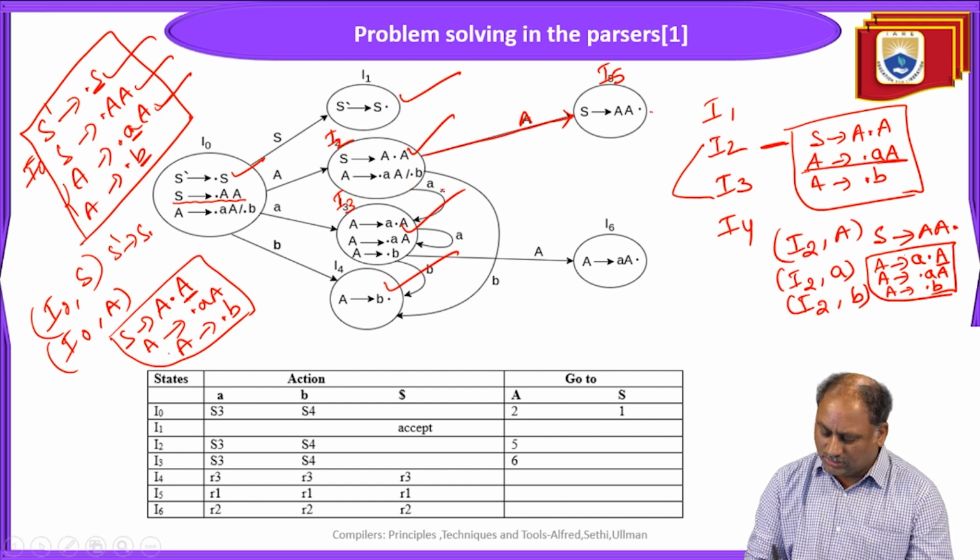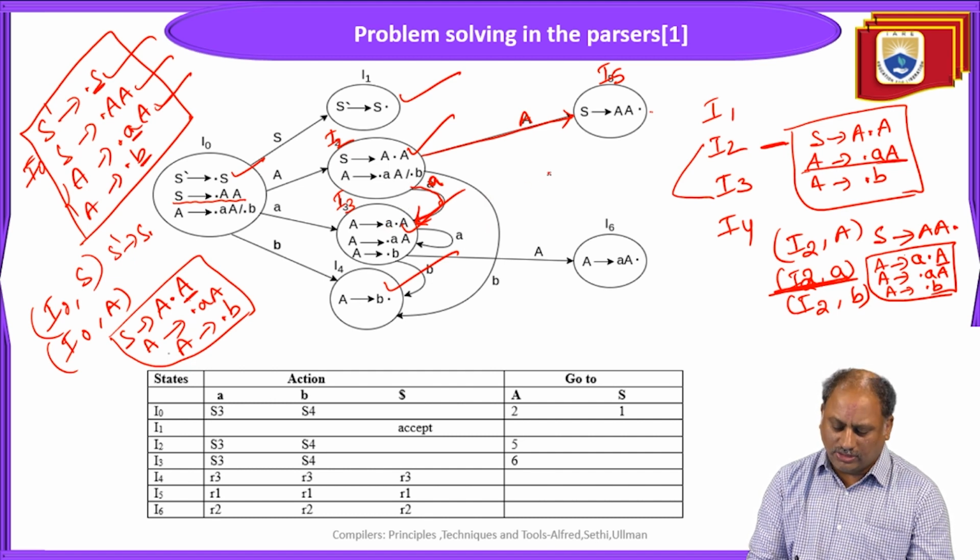That is, what we calculated, I2 comma A, the state I2 and the transition A, leads to the same state I3. So that's why we have given a transition path. It is sufficient, no need to write a separate one. Suppose the derivations are different, then we must write a separate state.